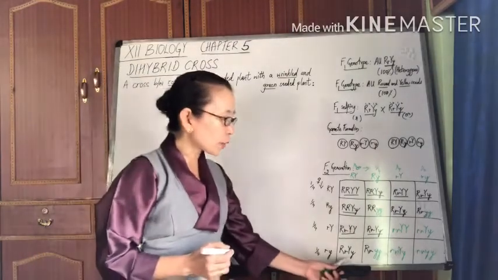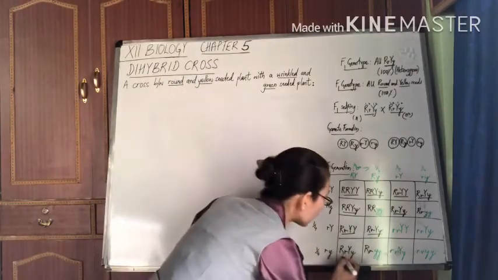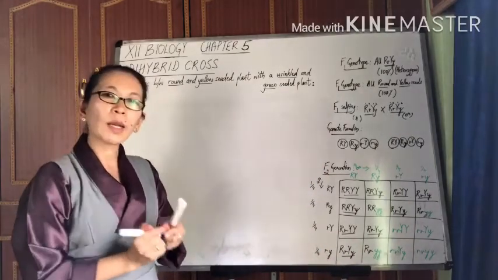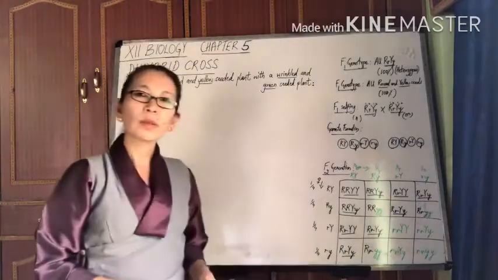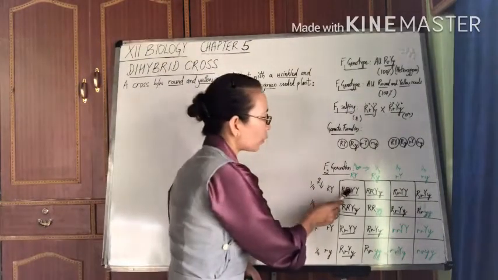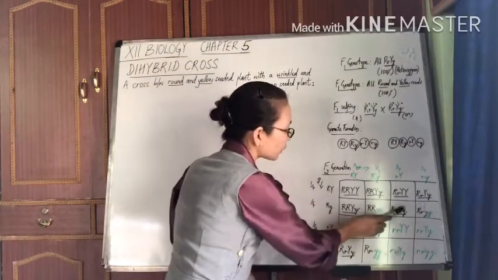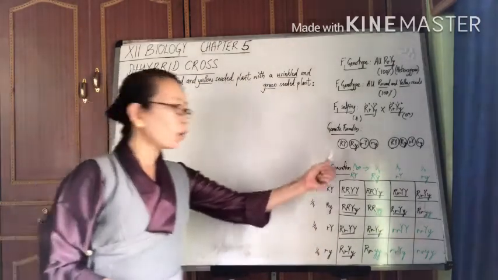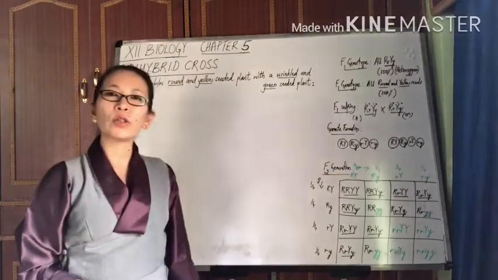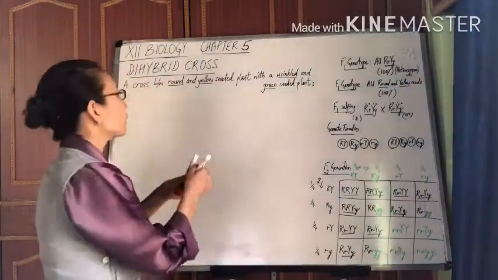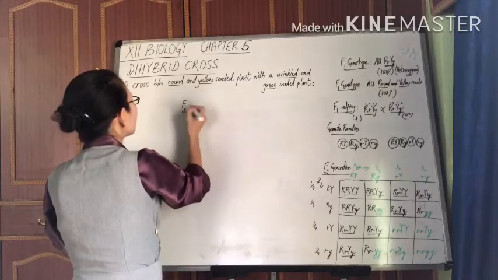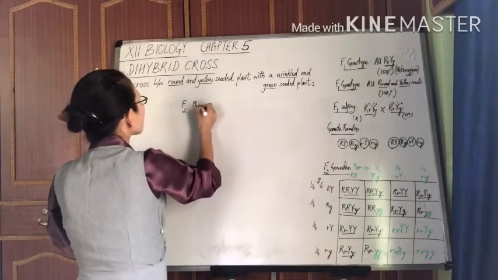And then the last one is here, capital R, capital Y, small y. So now if you count the underlined boxes, you can see you have 1, 2, 3, 4, 5, 6, 7, 8 and 9. All of these 9 boxes have genotypes which give rise to the F2 phenotype.